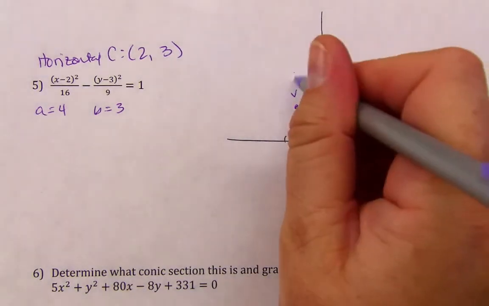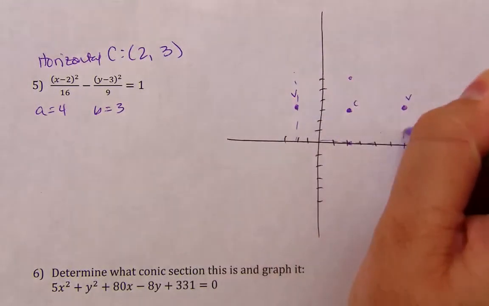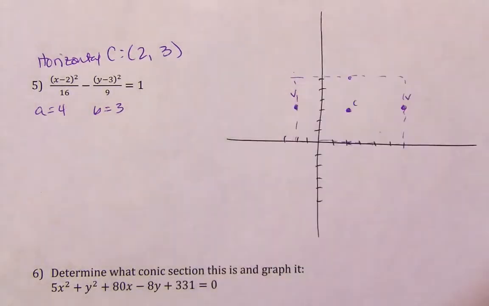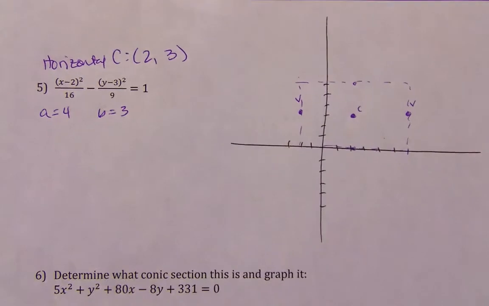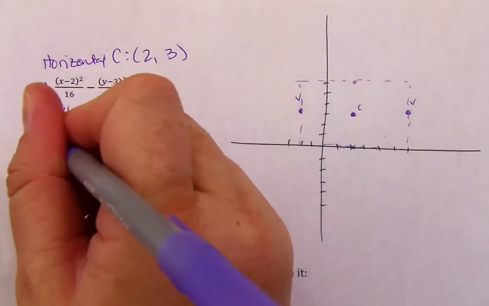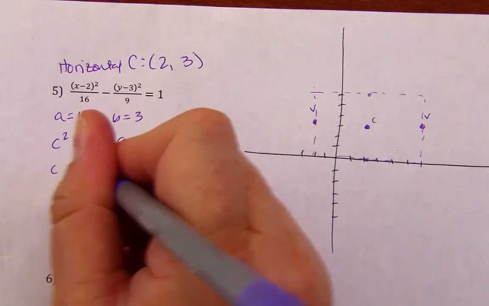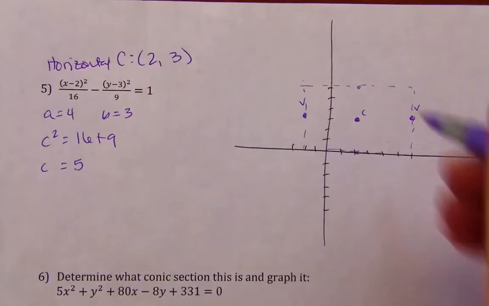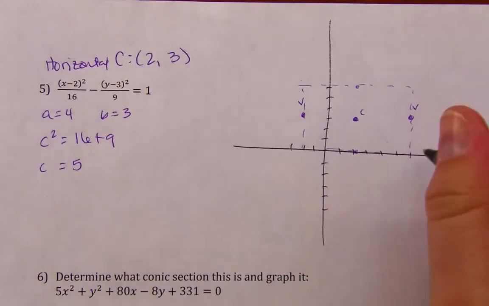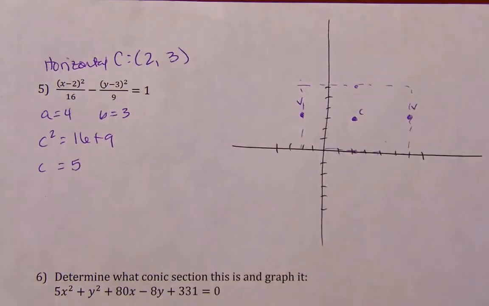And I'm going to go ahead and just lightly sketch that box. And we can also find our c value. C squared equals 16 plus 9. So c is equal to 5. So we can go out that many for our foci as well.